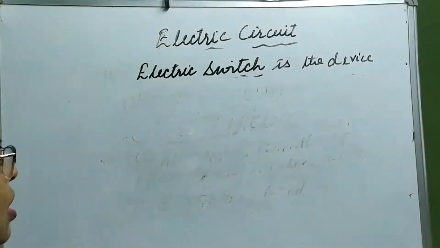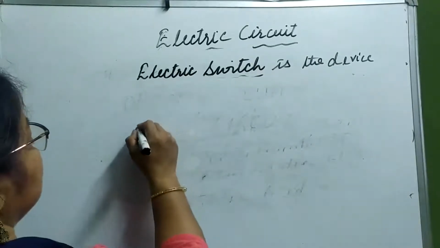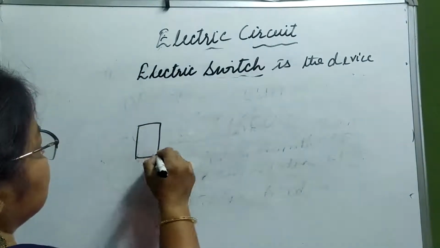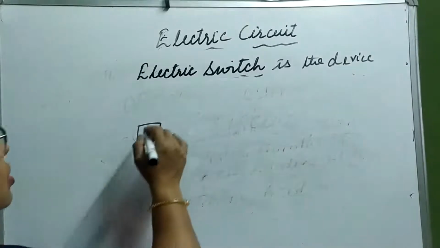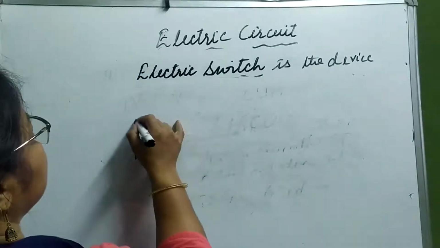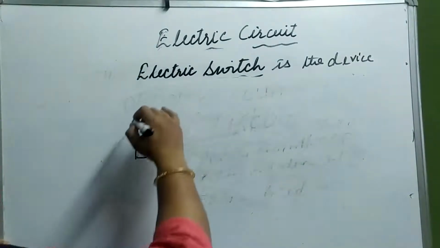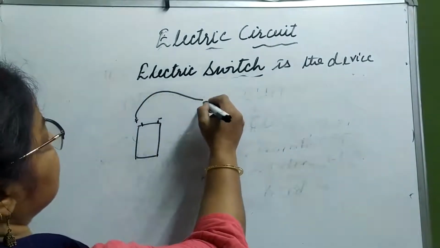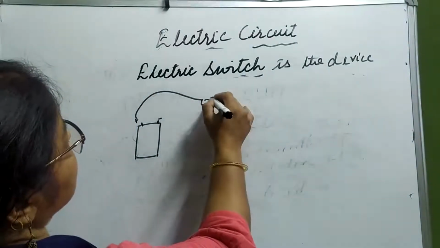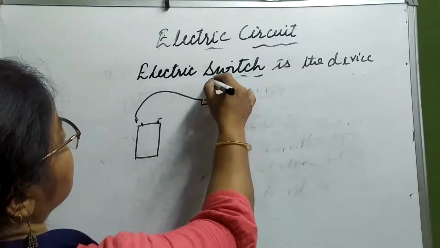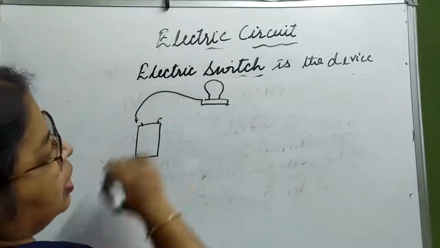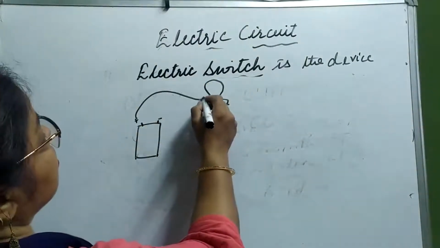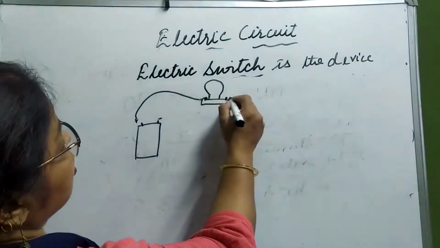The components are a cell, an electric cell, which has a positive and negative terminal. This is connected to a bulb, which has two terminals.